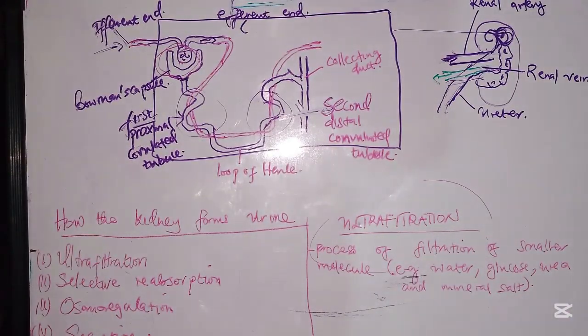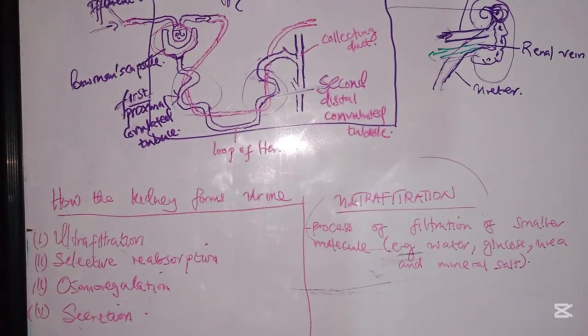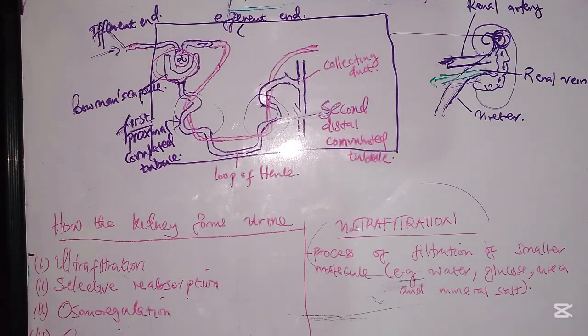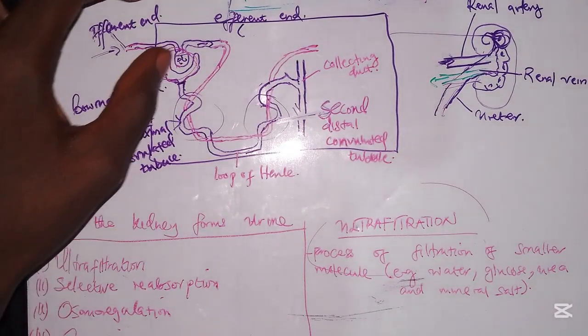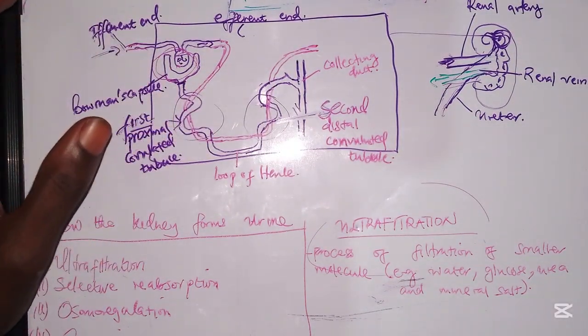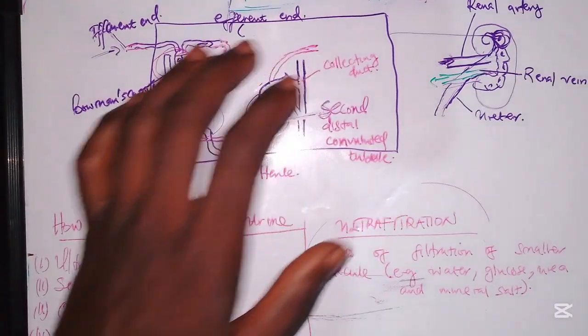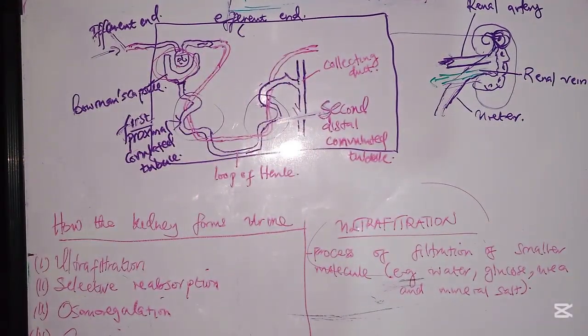Now, how does the filtration come about? So the filtration comes about because when you look at the nephron, we said that it has two parts. We have the afferent end, which brings blood, and we also have the efferent end, which takes blood.